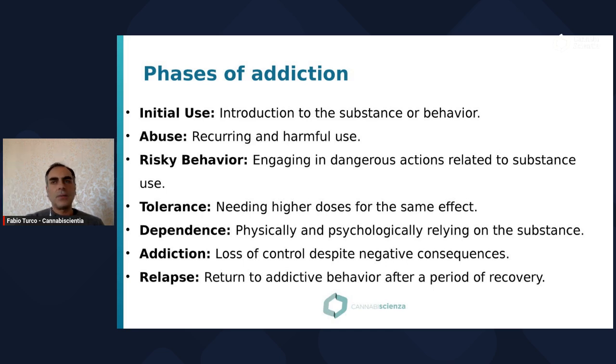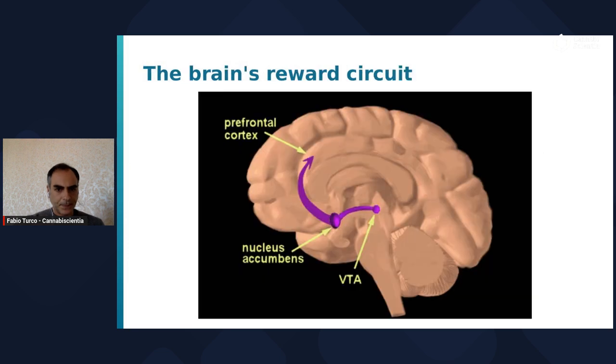But it's important to note that these seven phases occur in each case. Even if people are addicted to nicotine or cocaine or gambling, which are different substances or behaviors, these phases are more or less the same. Maybe what is different is the intensity of each aspect.